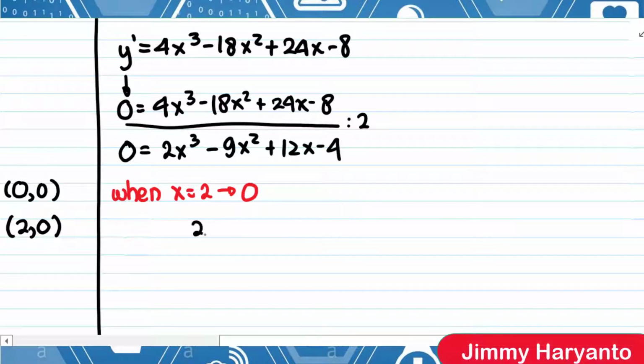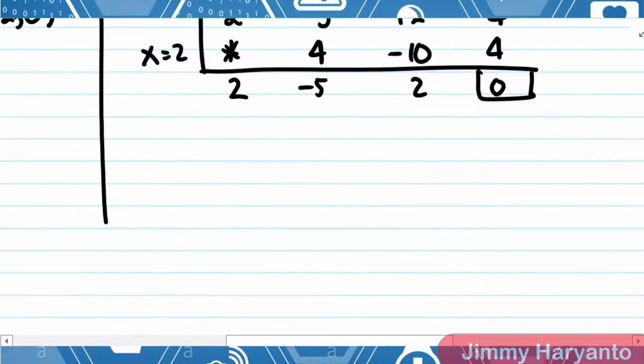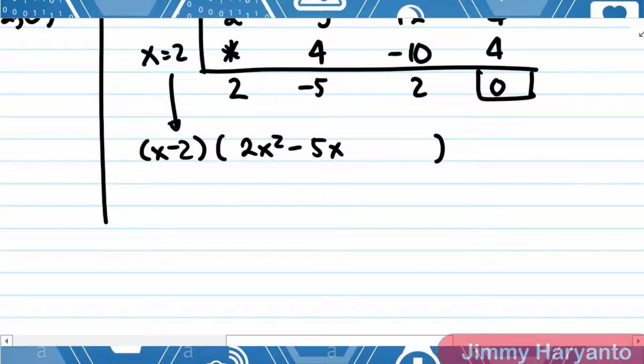That means we can use Horner's method with the coefficients 2, negative 9, 12, negative 4, with x equals 2. So you have 2, then 4, negative 5, negative 10, 2, then 4, 0. And the factorization will be x minus 2 from this one, and then from the result you will have 2x squared minus 5x plus 2.